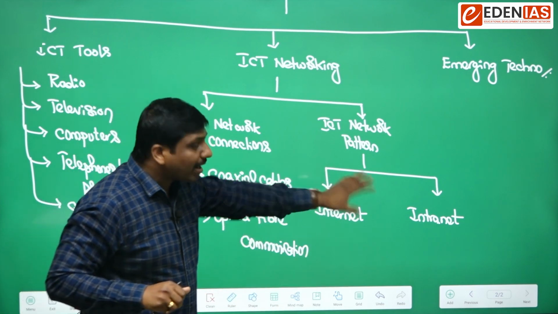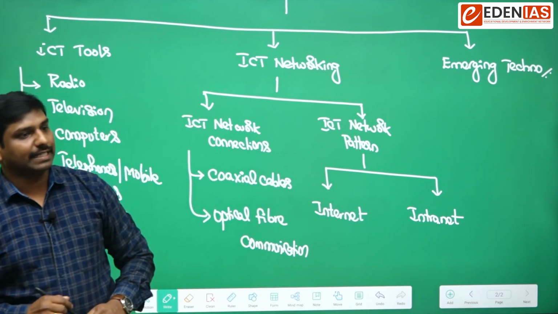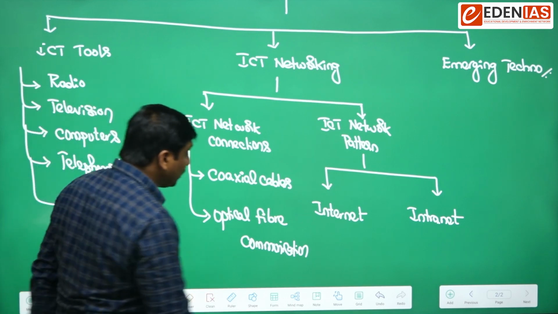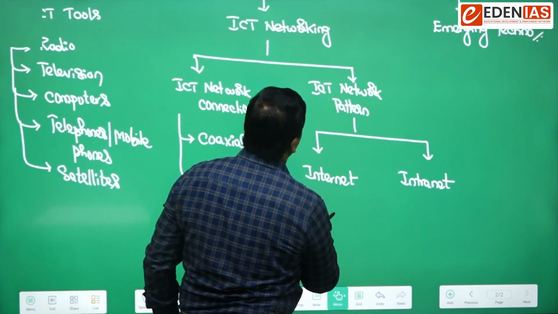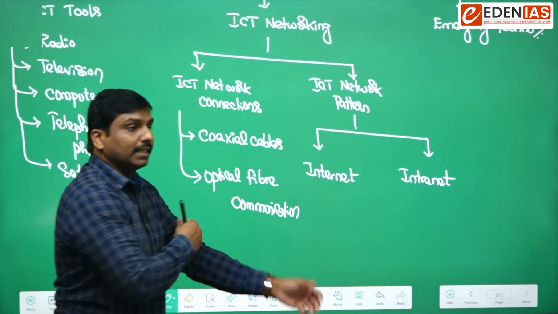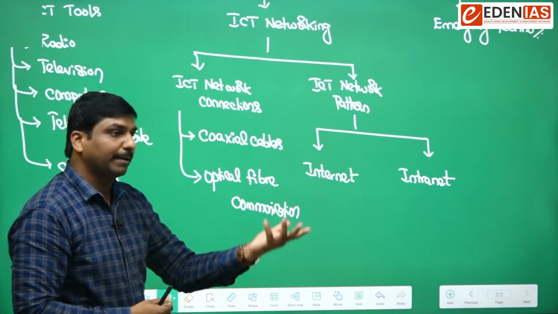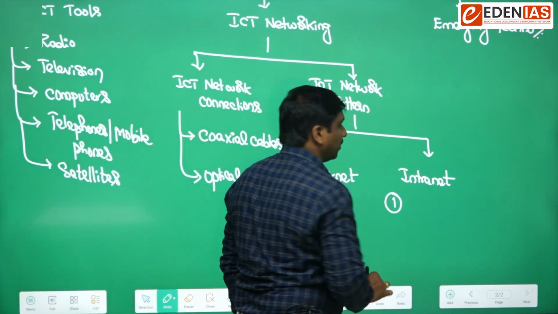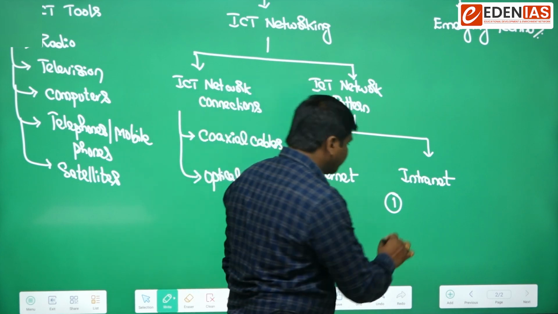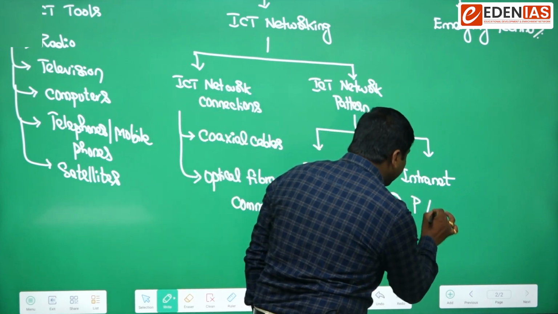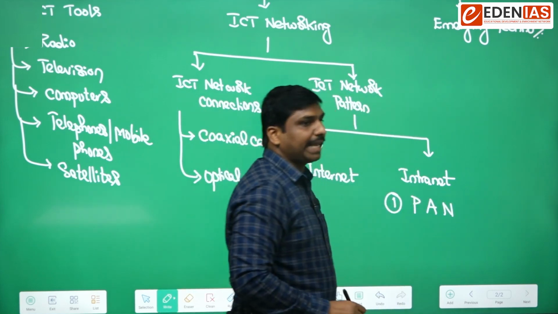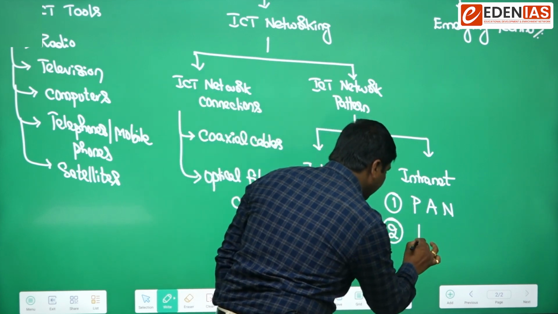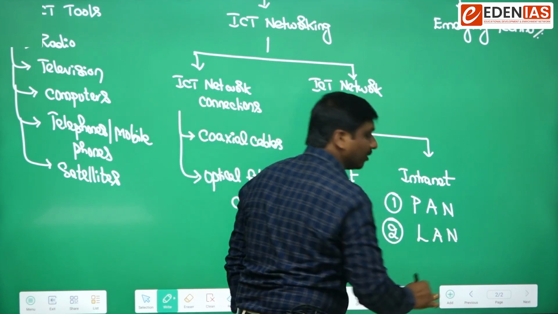And in intranet, what are the various aspects we get? There are so many intranet patterns. One type is the personal area network, PAN. Another is the local area network, LAN.